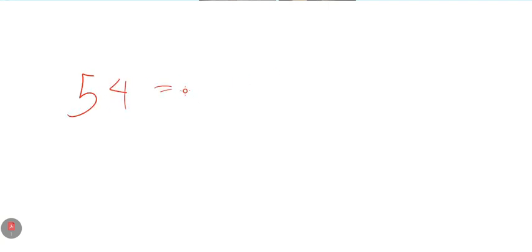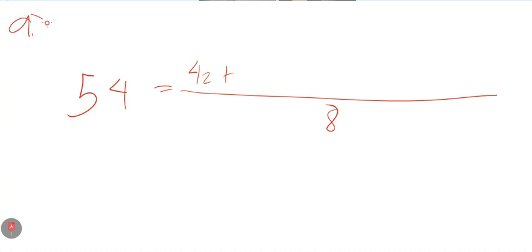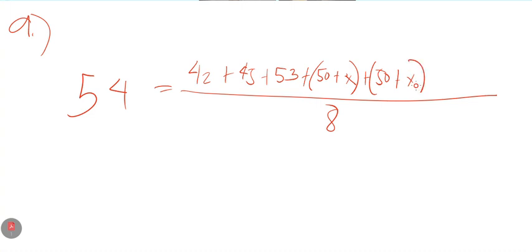Now, let's find the mean. We have 8, so 42 plus 45 plus 53 plus 50 plus x, plus 50 plus x, plus 59 plus 69.